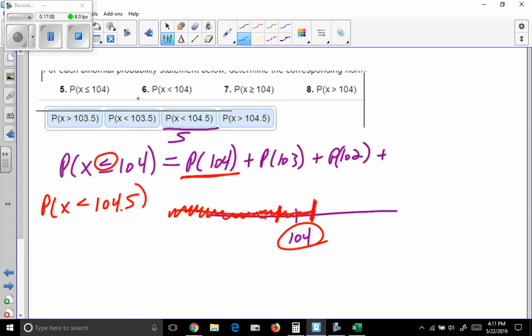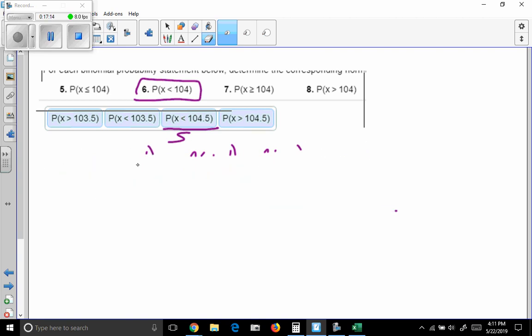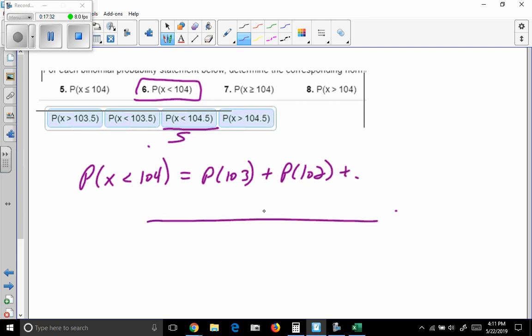All right, so let's do this one. If we want to do the probability that x is just straight less than 104, then that's not going to include 104. That's going to include 103, 102, and on down. So if we're at 104, we either continuity correct a half unit to the left or to the right.